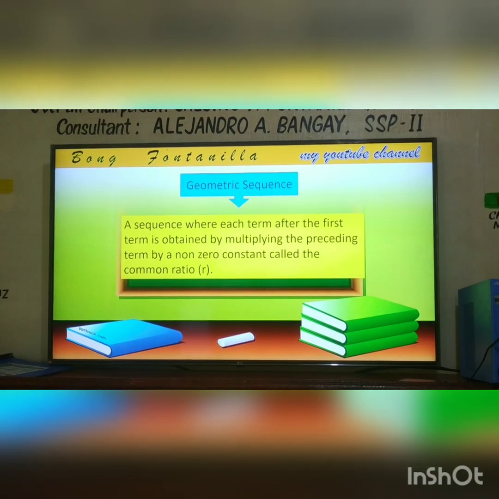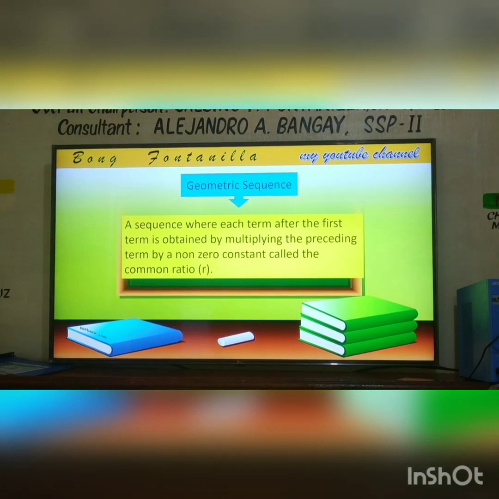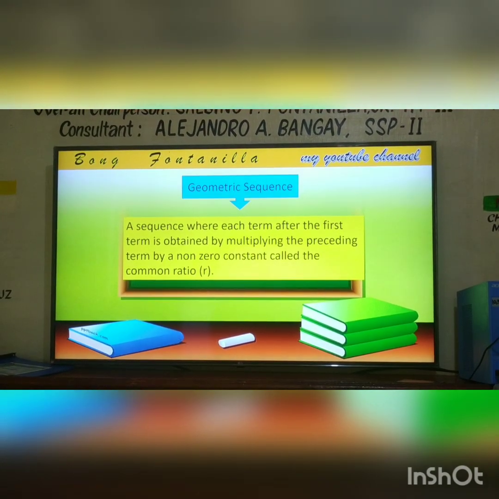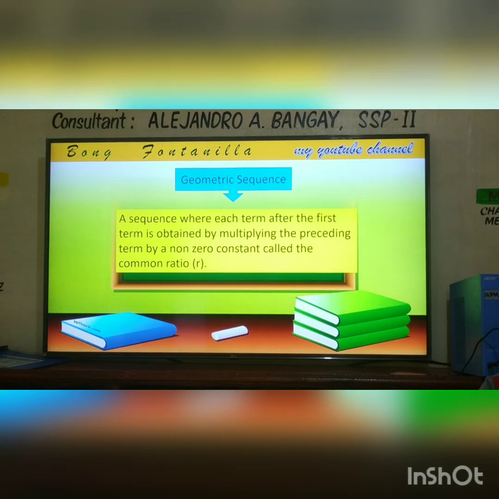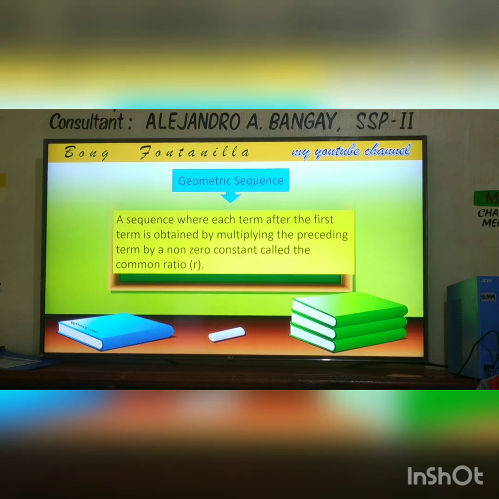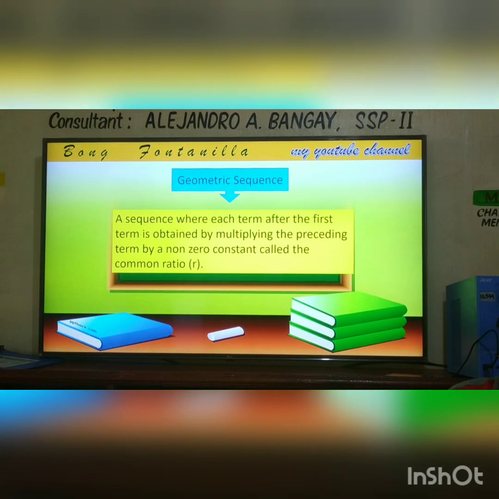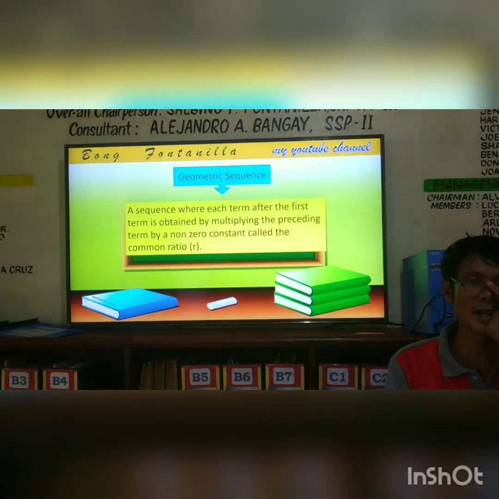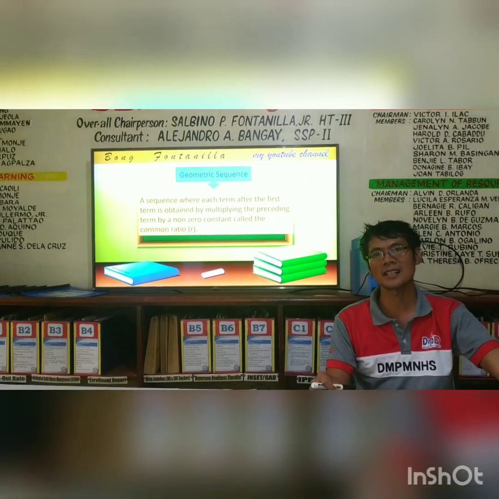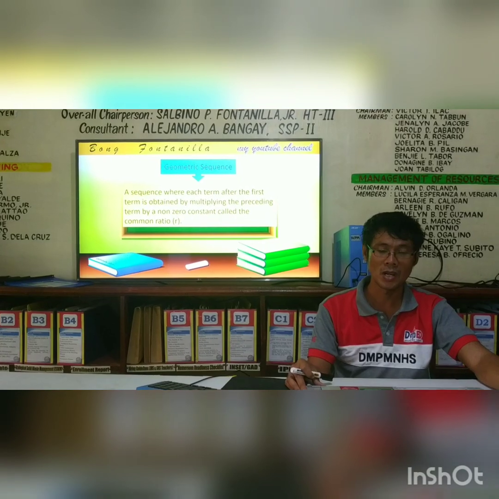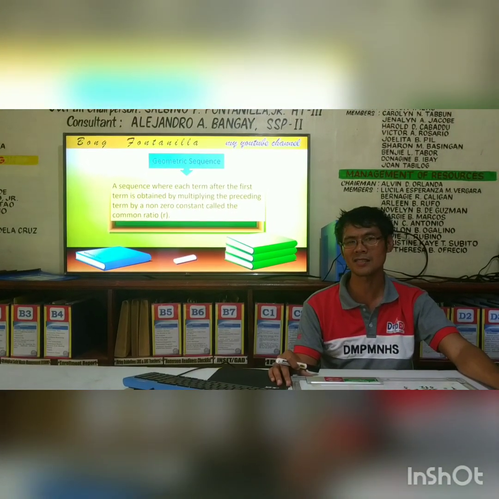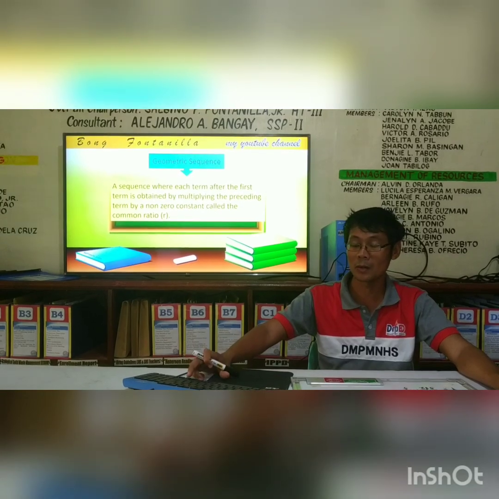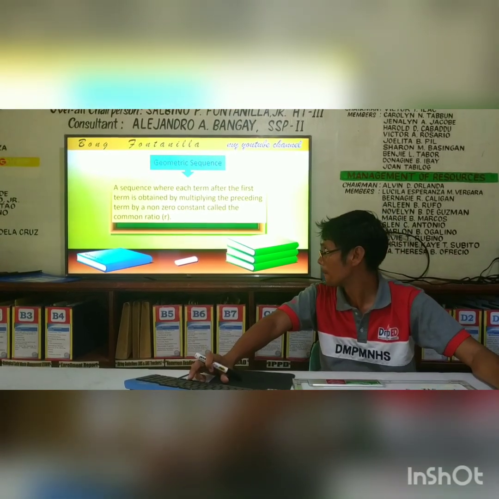By definition, it is a sequence where each term after the first term is obtained by multiplying the preceding term by a non-zero constant called the common ratio. So there is a very important concept called common ratio. We will be understanding more about this term as we go on with our discussion.